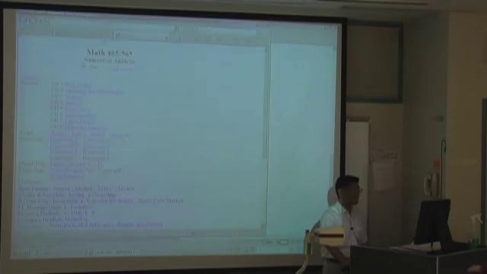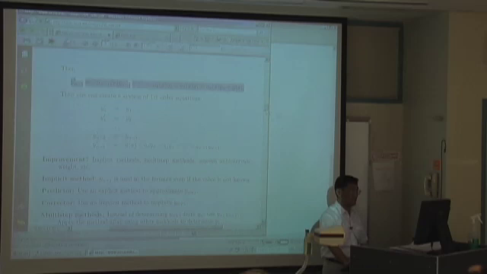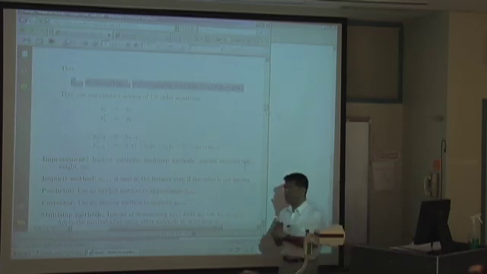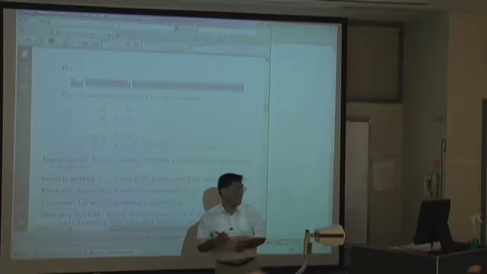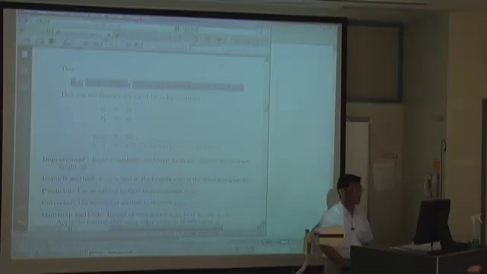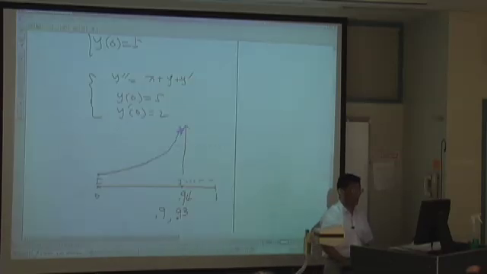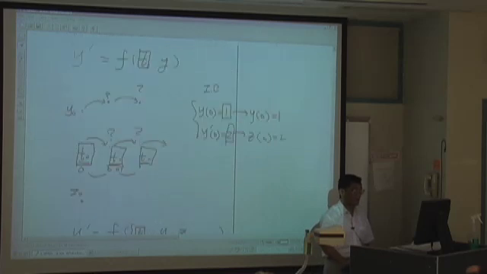In any case, we covered the straightforward methods, and because RK4 is very nice, almost everywhere you can use RK4.